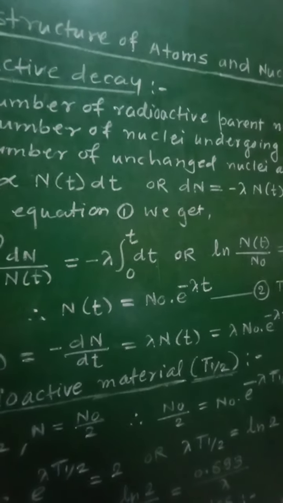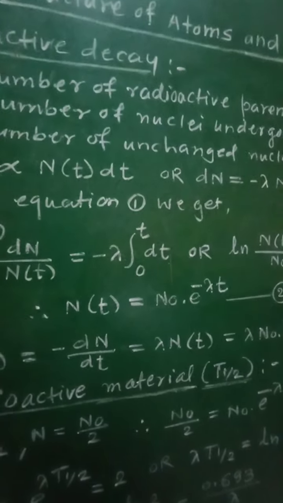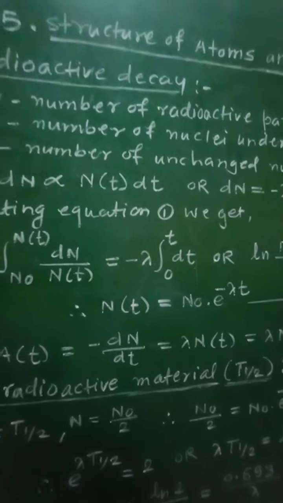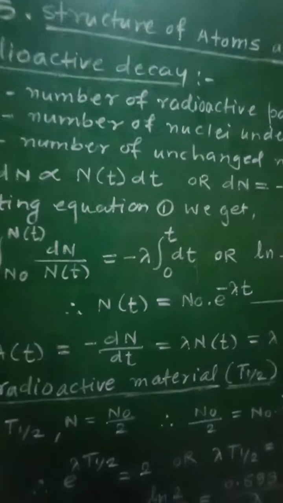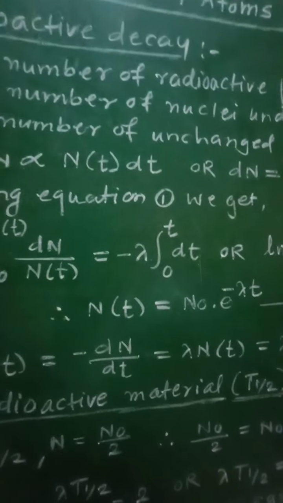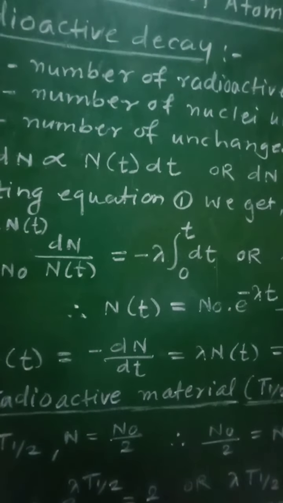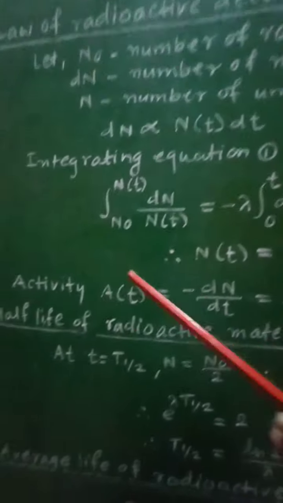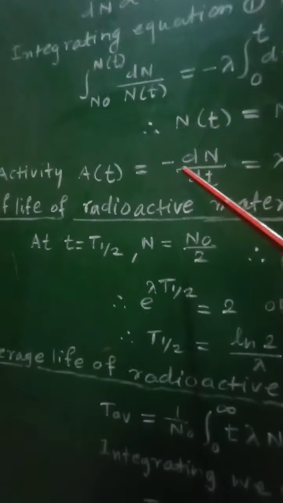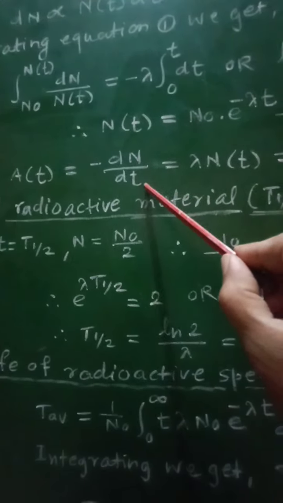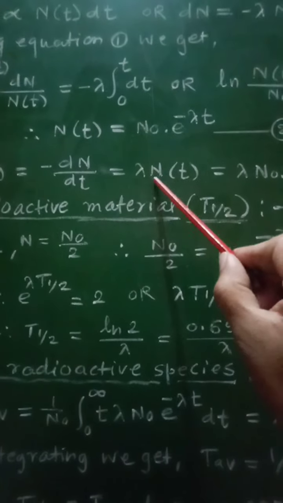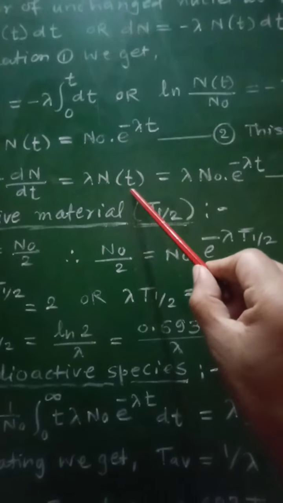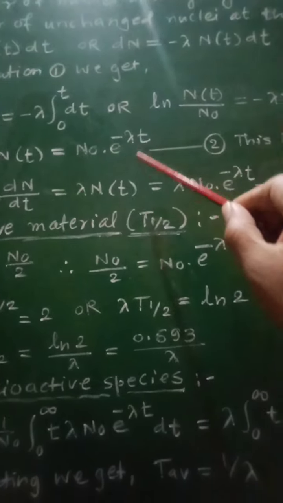Now the rate of decay, that is the number of decays per unit time, that is minus dN(t) upon dt, is called the activity A(t), and it will be written as A(t) is equal to minus dN by dt, equal to lambda N(t), that will be equal to lambda into the value of this N(t), that is N0 into e raised to minus lambda t.